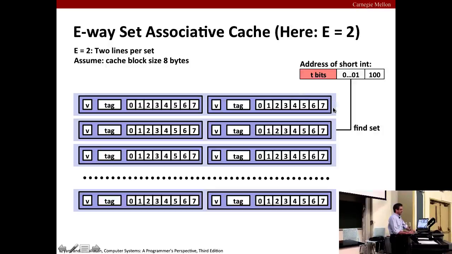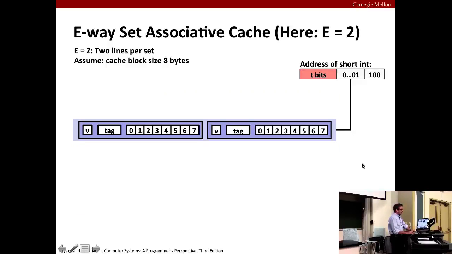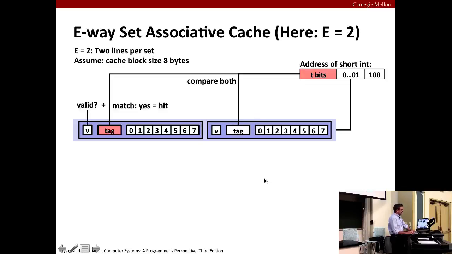This is set 1. This is set 2. Throws away all the other sets. And now in parallel, it searches for a matching tag in both of these lines and a valid bit. So if we get a matching tag and a valid bit true, then we've got a hit.